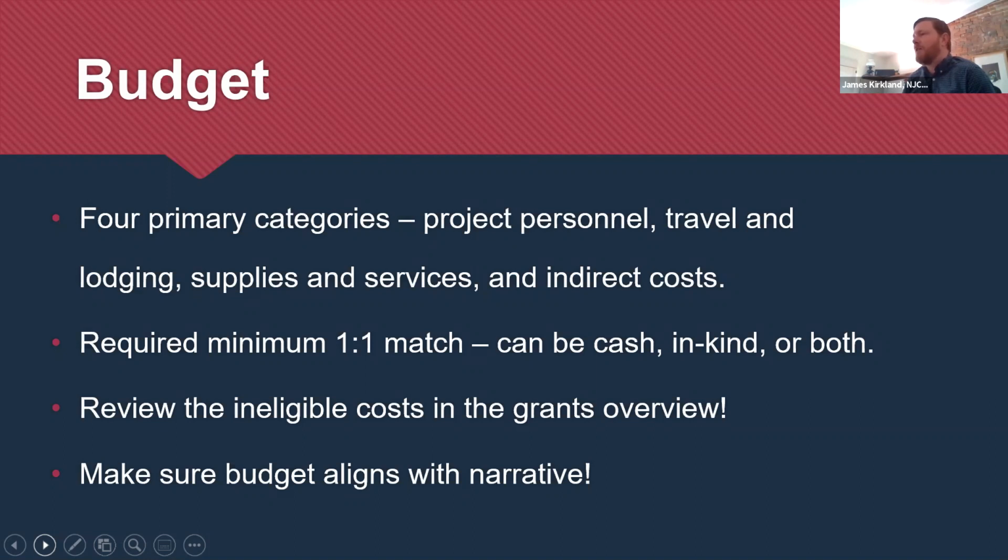If you're a university or a well-funded institution, you probably have more cash. If you're an all-volunteer-run organization, you'll probably have the majority in in-kind matching funds. It really depends on your organization, but we're looking to see that you have 100% match for your request. So if you're requesting $20,000, you need to match it with $20,000 at a minimum.